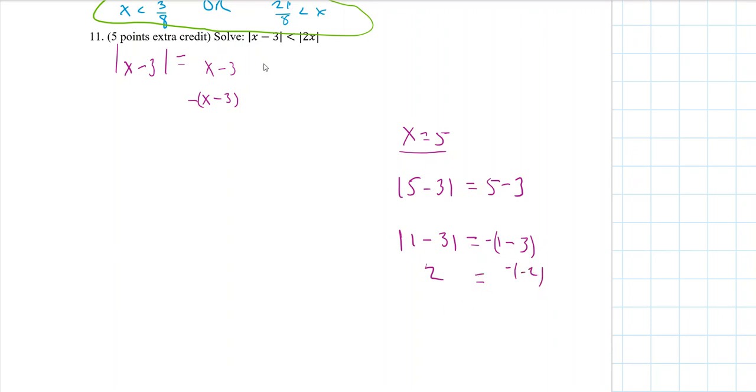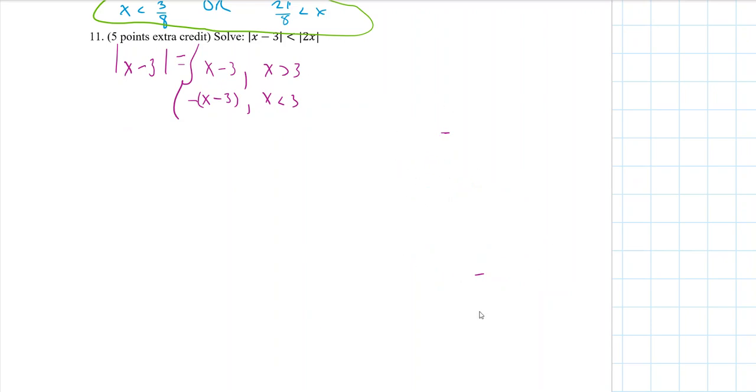So if x is greater than 3, I can just write it this way. If x is less than 3, I just have to switch the sign. So I can get rid of the absolute values if I know whether x is bigger than 3 or less than 3. Similarly, if I'm dealing with 2x, absolute value of 2x is equal to 2x if x is positive, right?